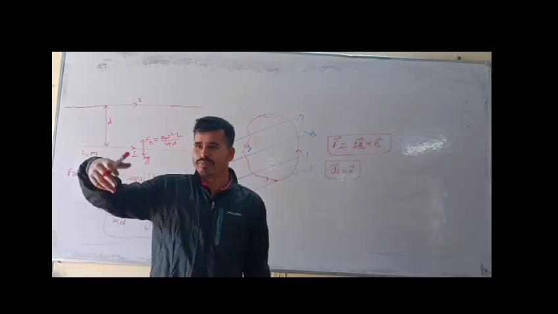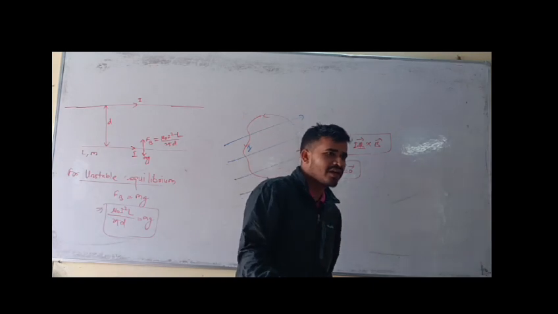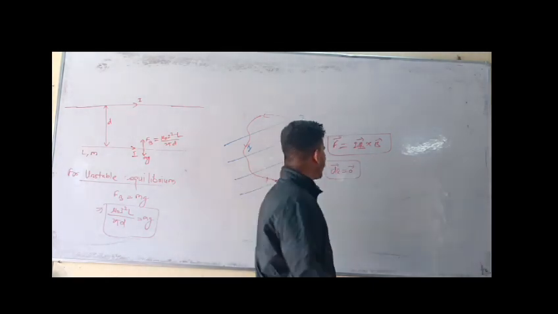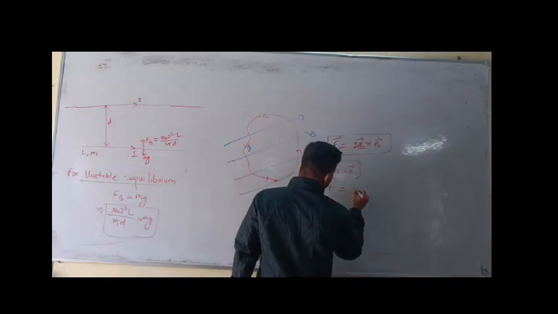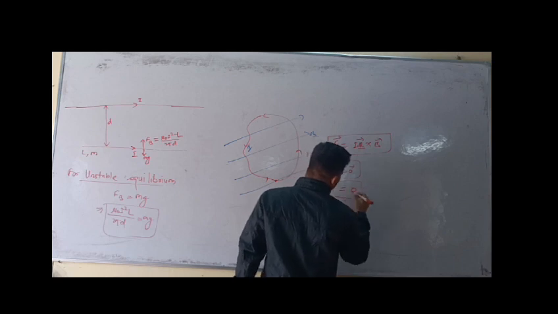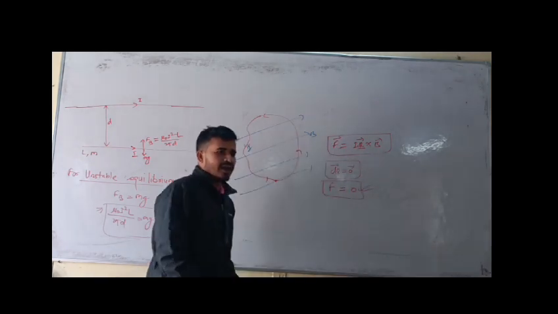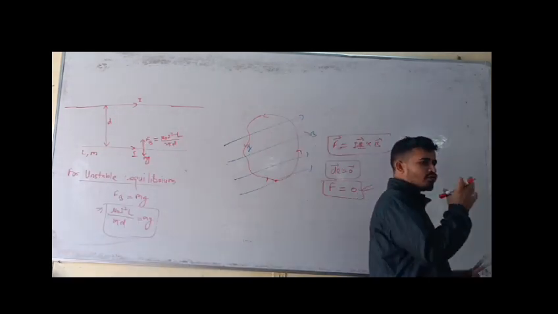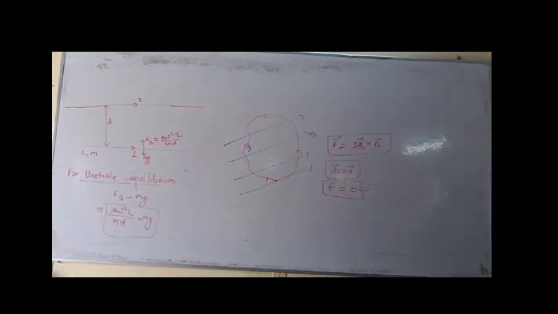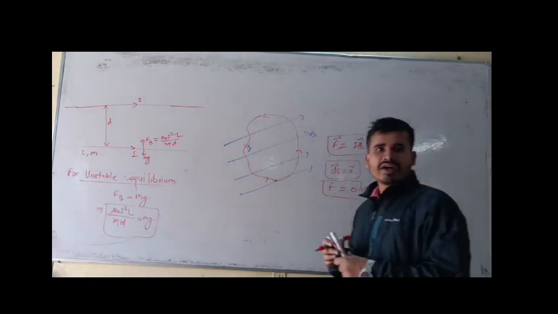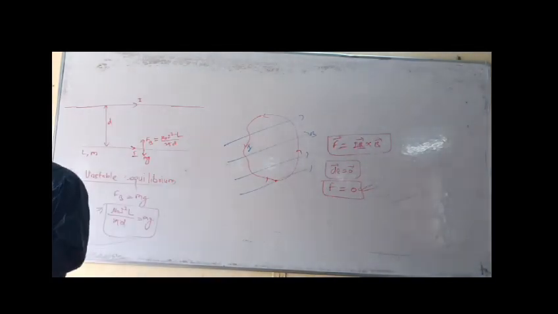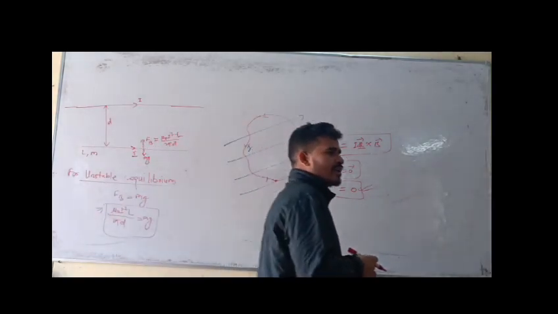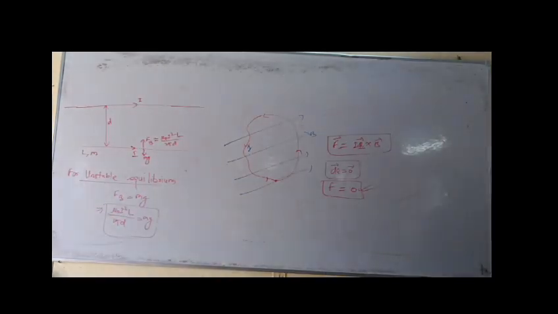In a loop, displacement is 0. That's why the force will be 0. Means a current carrying loop in a uniform magnetic field will experience 0 force. Clear to everyone? Okay.